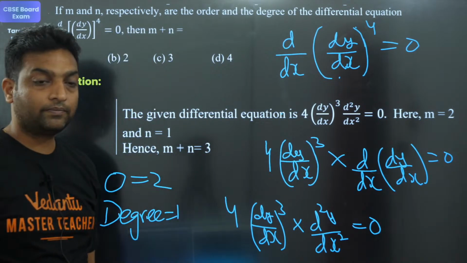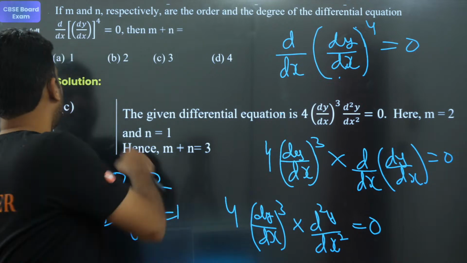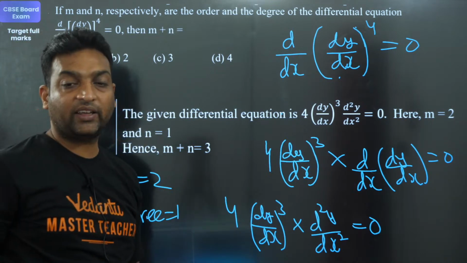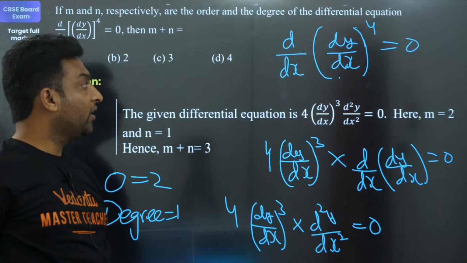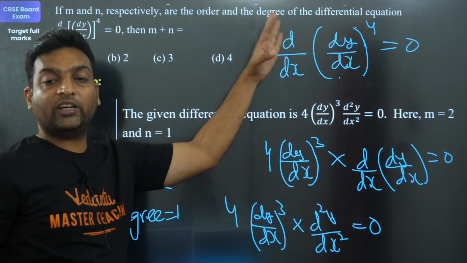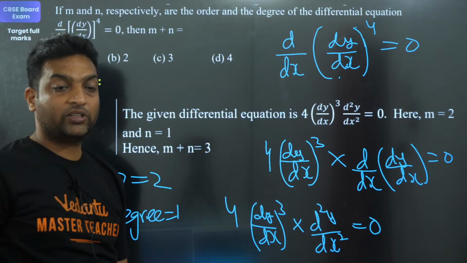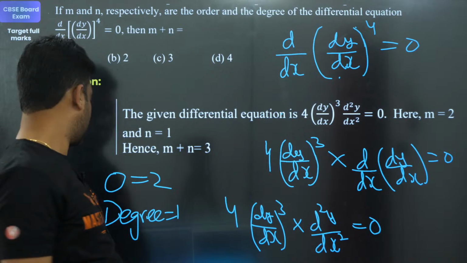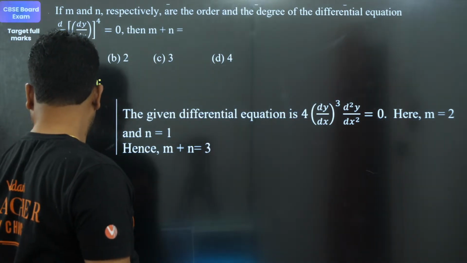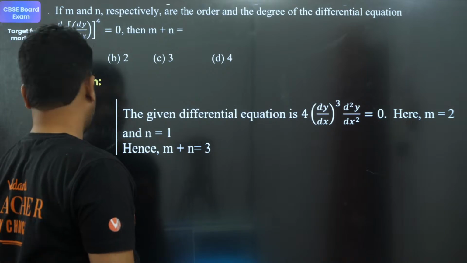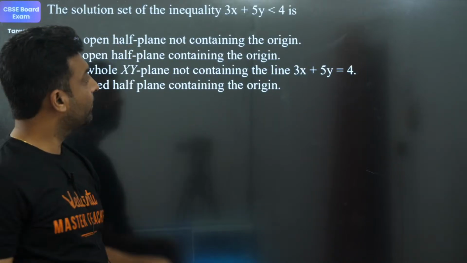Simply, the derivative of t raised to power 4 is 4t cube into the derivative of t, the chain rule. Okay.